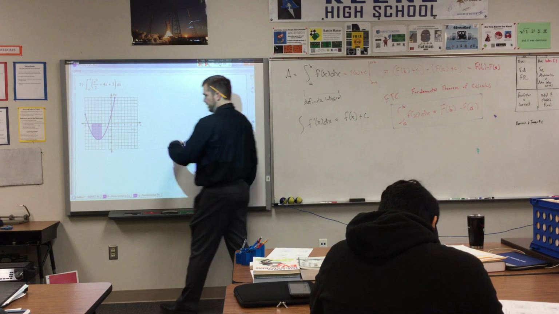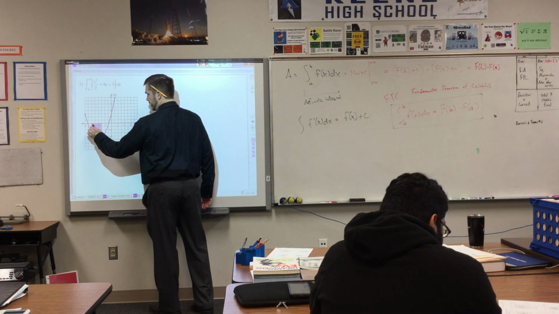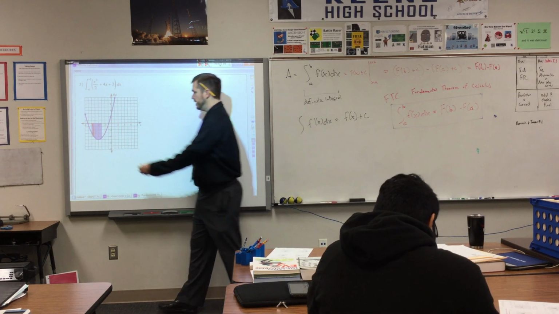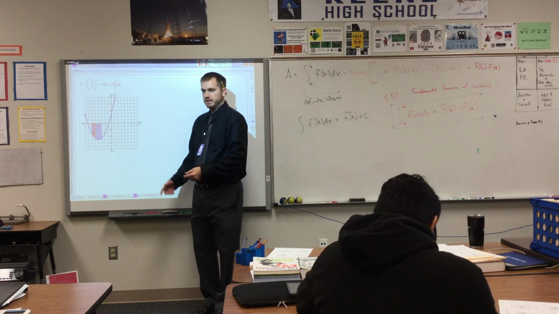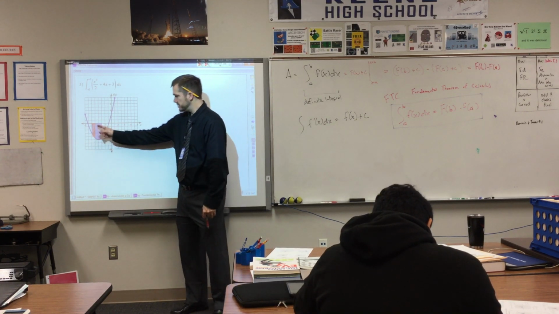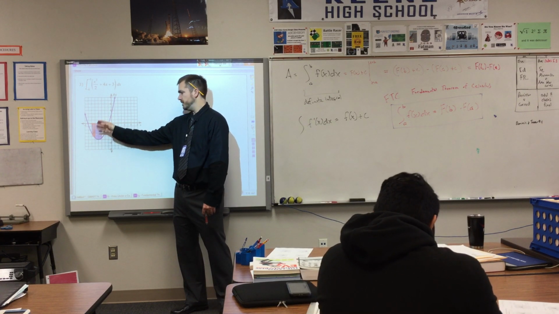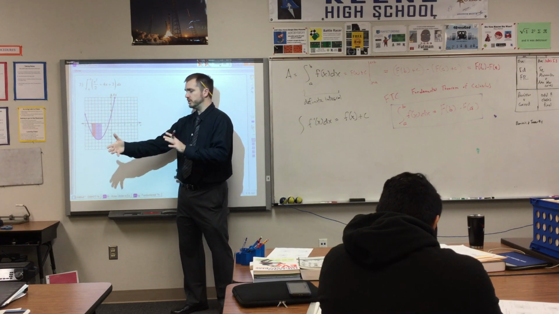The limit. Yeah. And it was always this little width times that y value, right? And then this little width times this y value, and then you add them all up. Well, in these cases, what are these y values? They're negative. So it's going to be a negative number plus another negative number plus another negative number, which is just going to end up being a very large negative number.